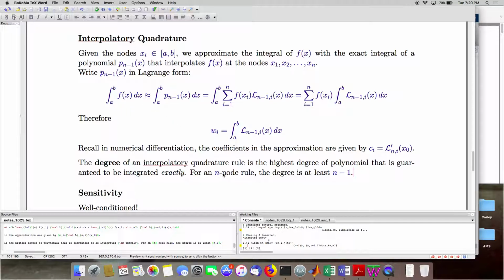What we will see is that in some cases, due to some nice things working in our favor, like symmetry, it's actually possible to get a higher degree of accuracy than n minus 1. So, for example, one of the rules we'll see is called Simpson's Rule. It's a 3-node rule, so you'd think the degree of accuracy would be 2, but it's actually 3. But it'll never be less than this.